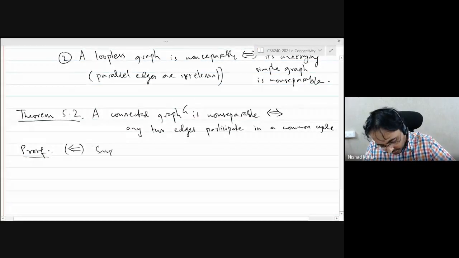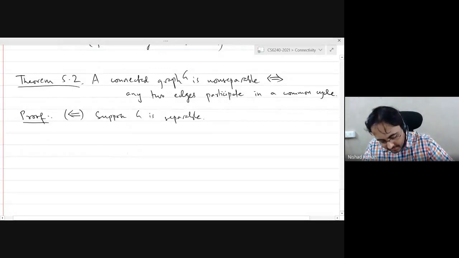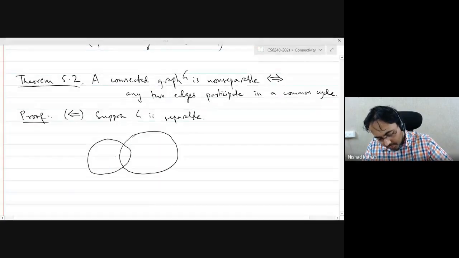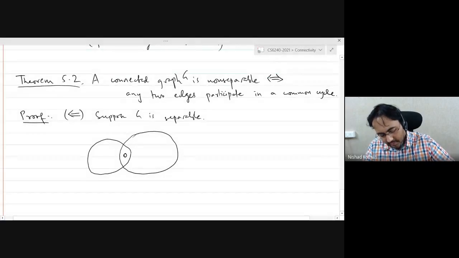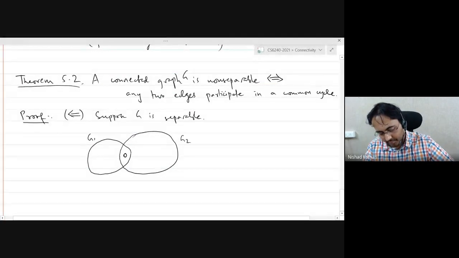Suppose G is separable. One way to visualize separable graphs is to use this definition, this drawing. You take the two graphs, there is one vertex in common, and everything else either belongs to G1 or belongs to G2. Okay?